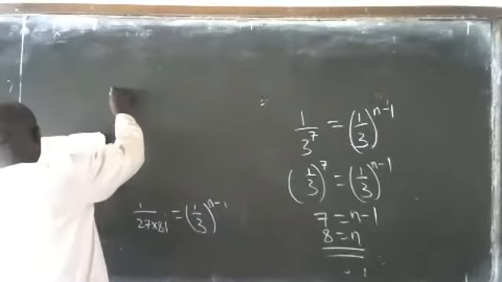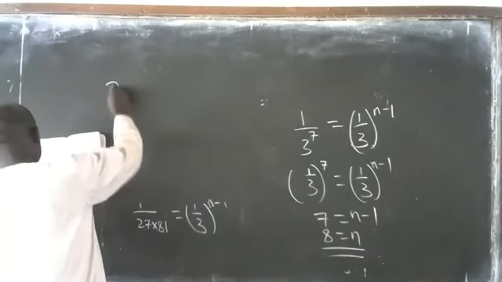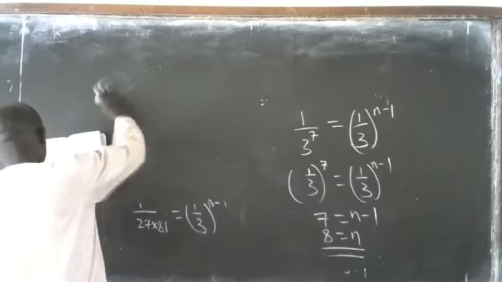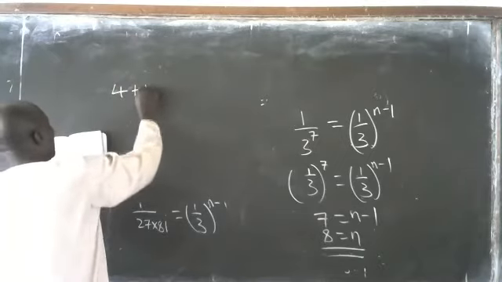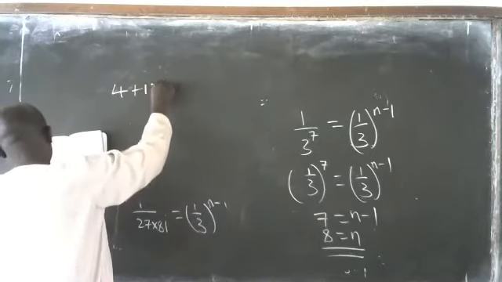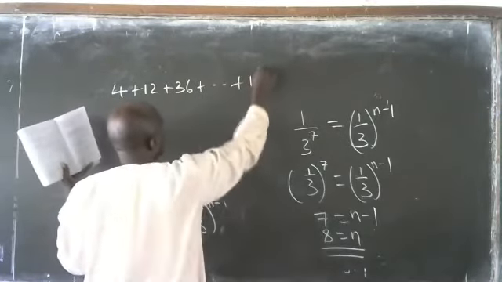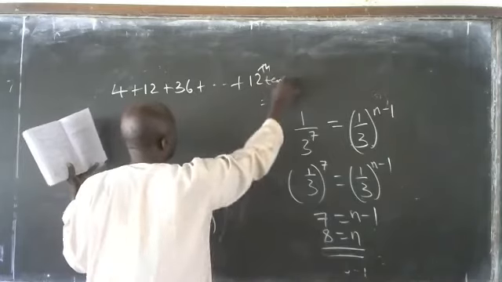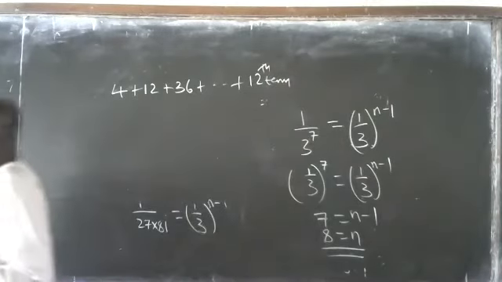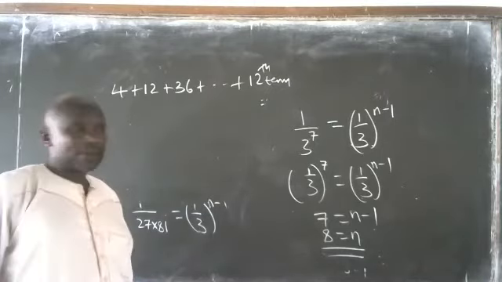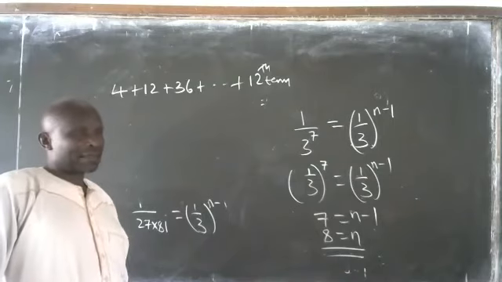And the GP is given as 4, 12, 36, up to the 12th term.